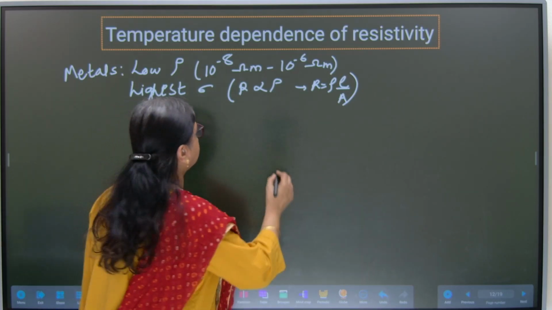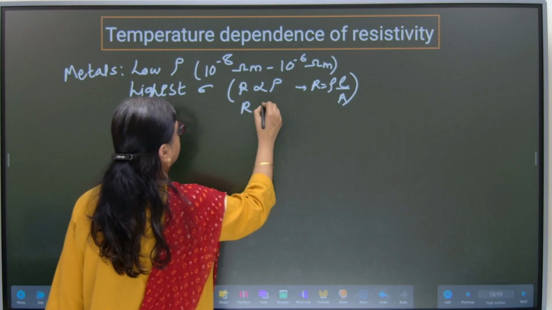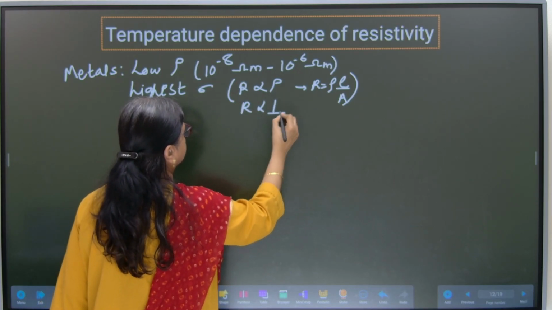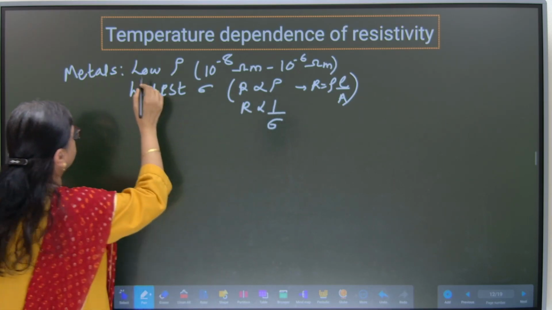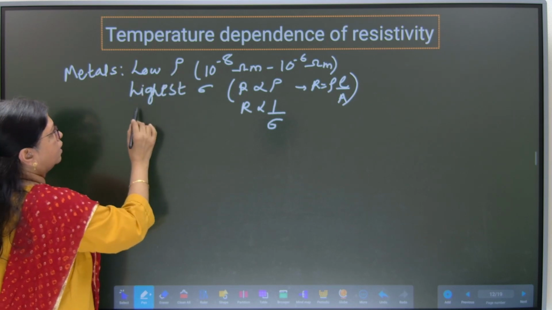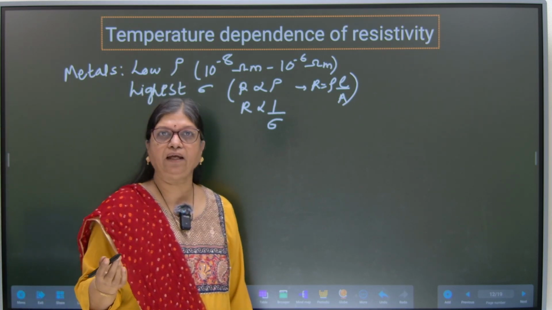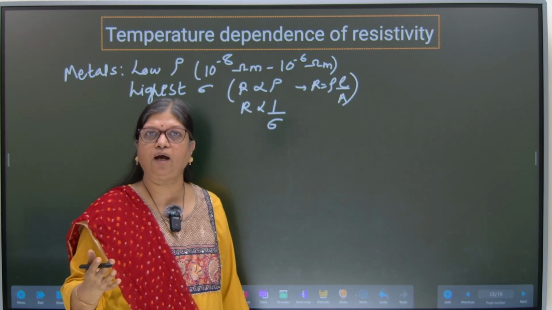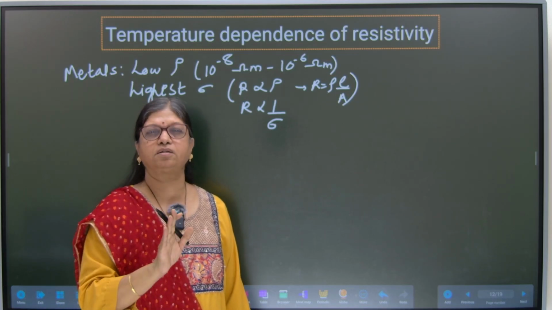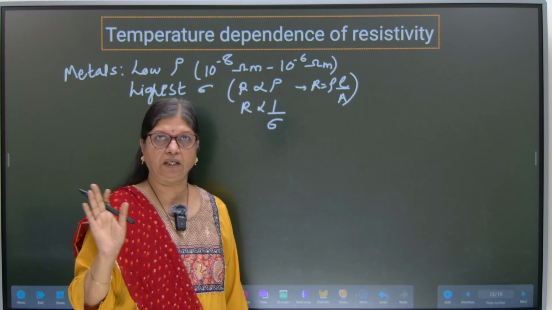Correct? So if resistivity is low, conductivity is high. If conductivity is high, it means the material will allow enough amount of current through the material. That is the meaning. Fine?